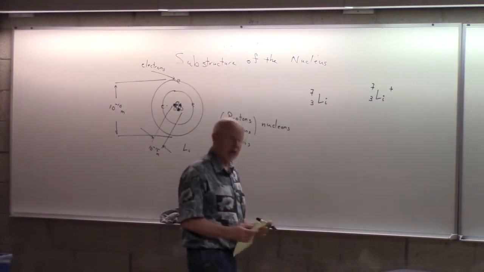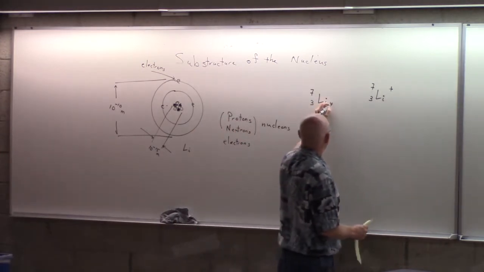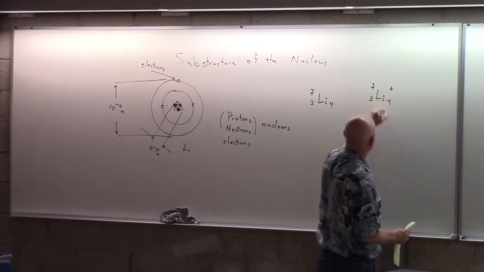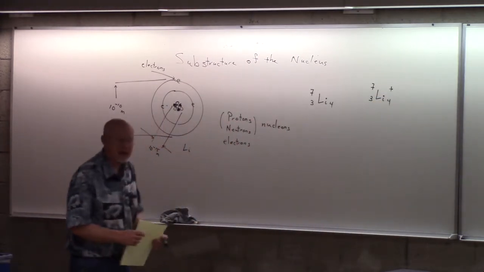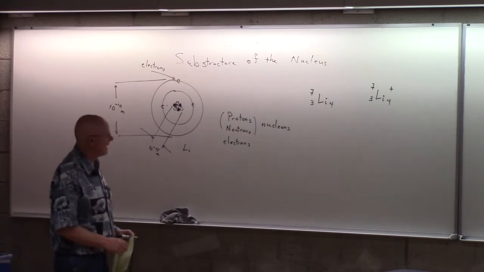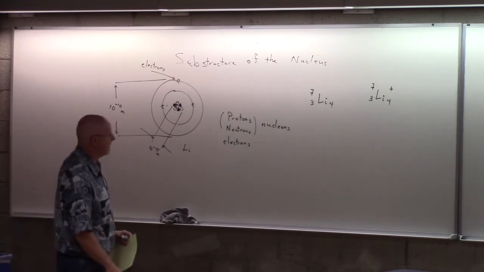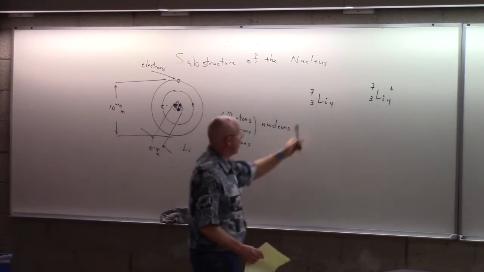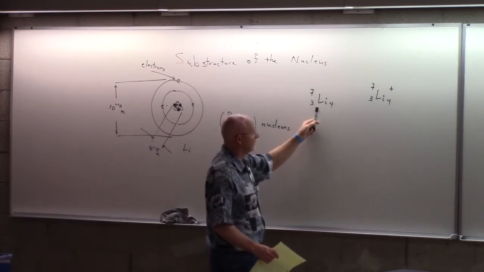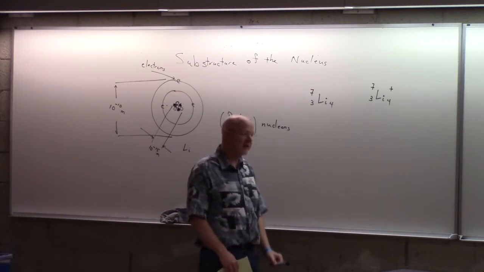So again, sometimes we like to put a little 4 right here for the number of neutrons. Now again, that's repetitive. So very few times have I seen the 4 out there. But quite a bit will I see the 3 protons with the lithium. That's pretty normal.